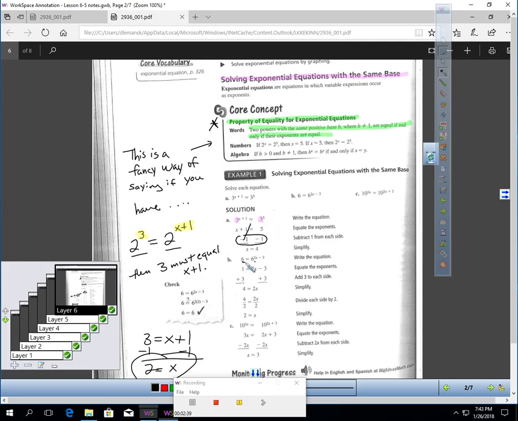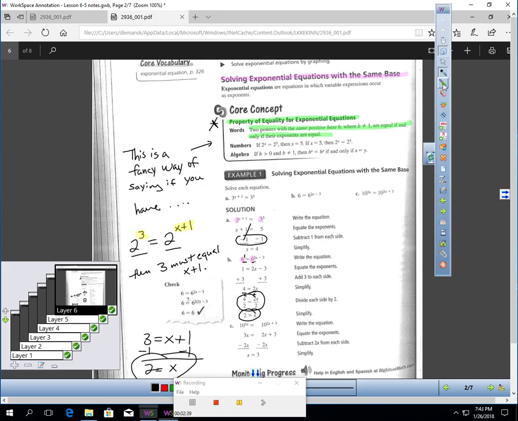Or look at this problem. You notice how we have the same base. 6 to the first power would equal 6 to the 2x minus 3 power. Well, since the bases are the same, they're both 6, then my powers would have to equal. The first power has to equal the 2x minus 3 power. So you can add 3 to each side, divide each side by 2, which I guess they wrote here, x would be 2.